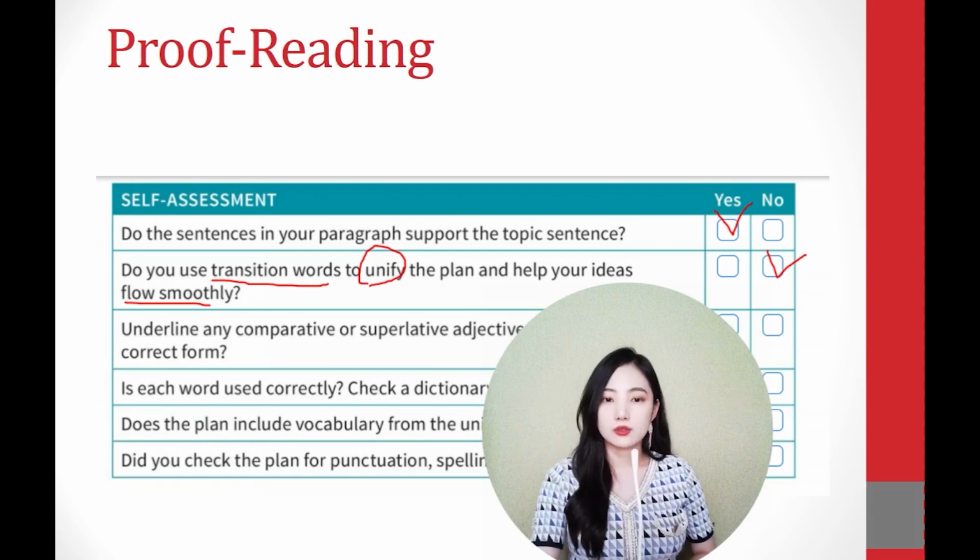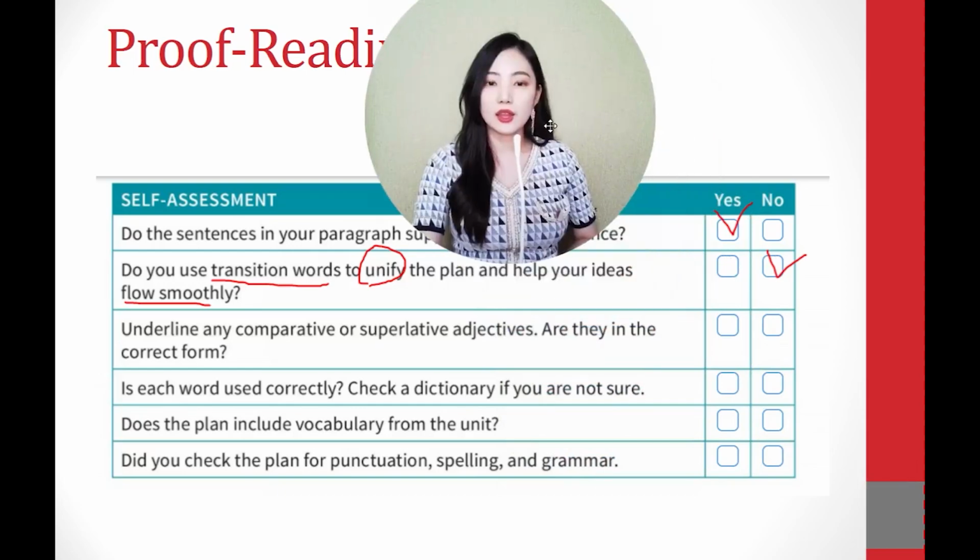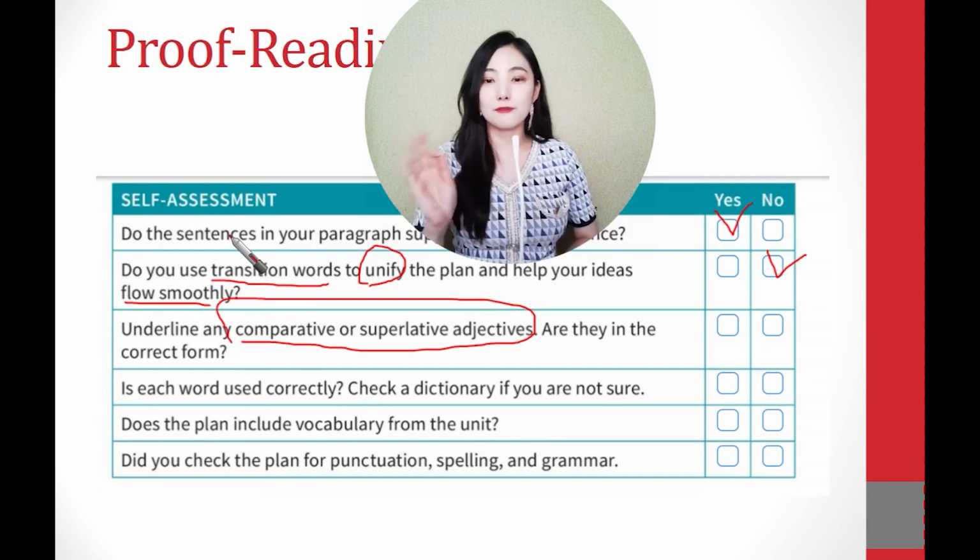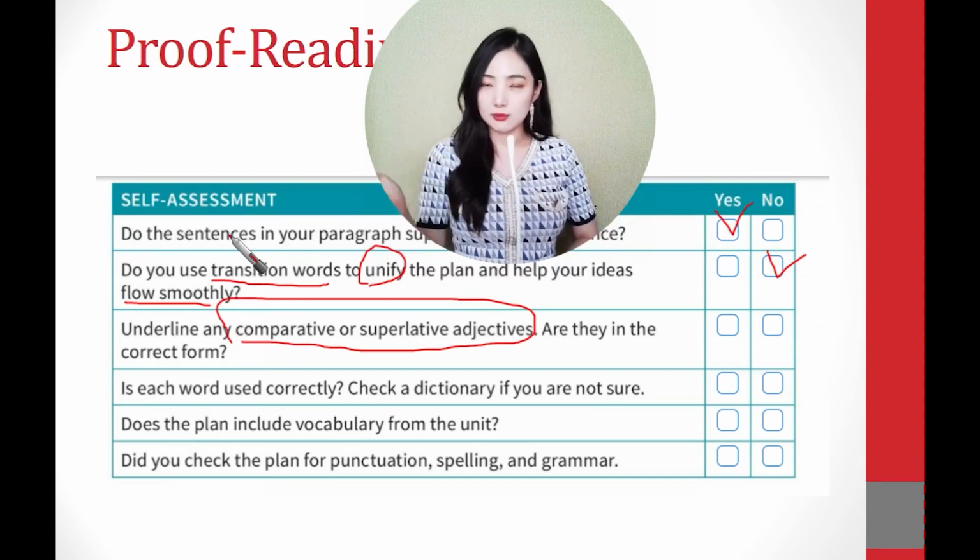Okay, last one. Underline any comparative and superlative adjectives. Are they in the correct form? What does that mean? Some adjectives have to be used in an effective way, so that they give detailed information about your topic.